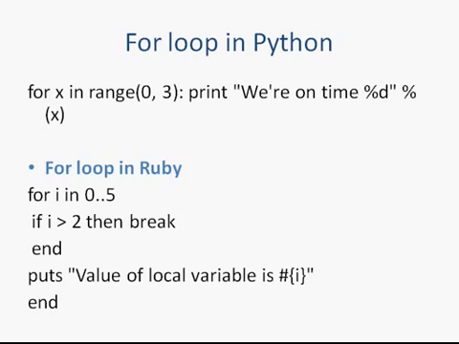In Python, for x in range 0 to 3, print we are on time. And in Ruby, for I going from 0 to 5, if I greater than or equal to 2, then break, end. Puts the value of local variable is hash I. So you can see the similarity in languages.